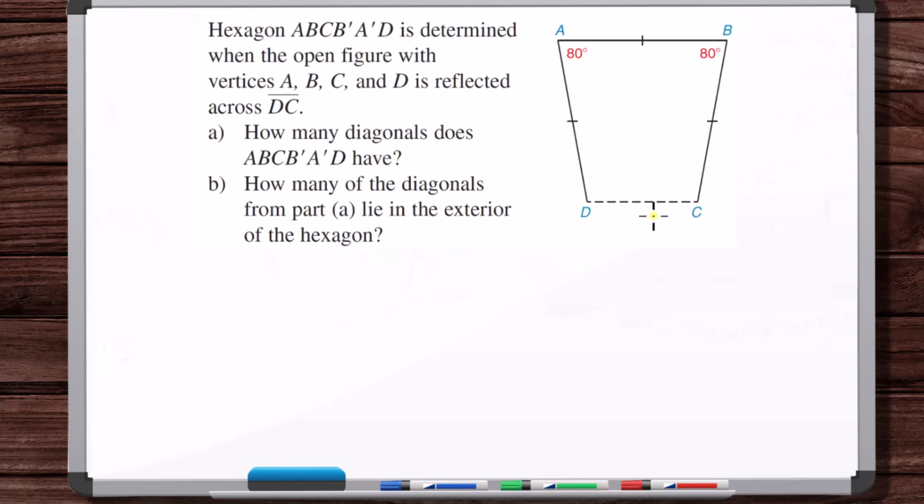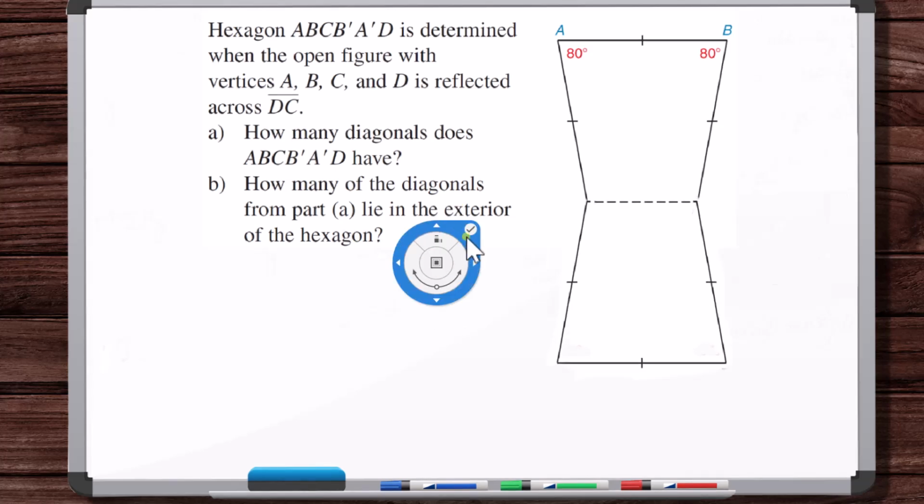So what they're saying is that you reflect this across that line DC, and you get this new figure here. So you started with A, B, D, C, and D and C are still the same vertices, but now you've got B prime and A prime.